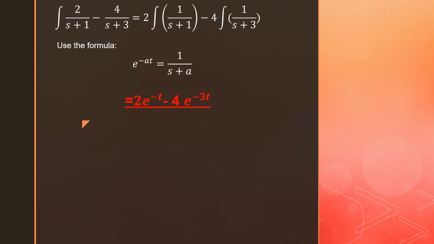So that is the answer: 2e raised to negative t minus 4e raised to negative 3t.